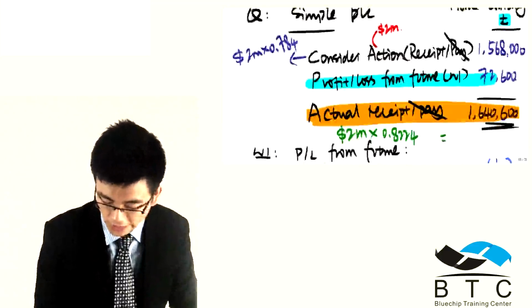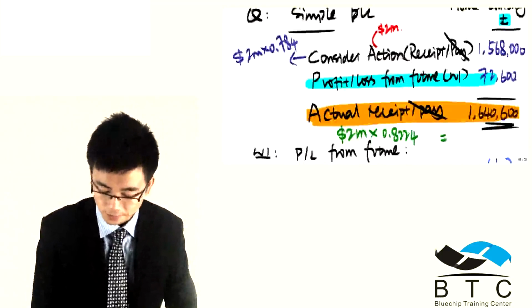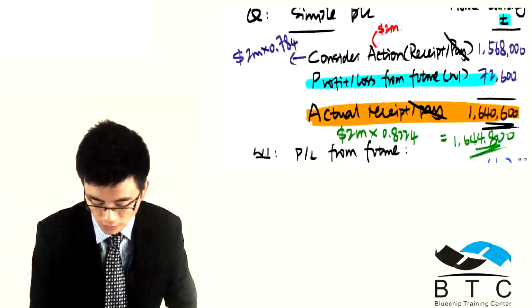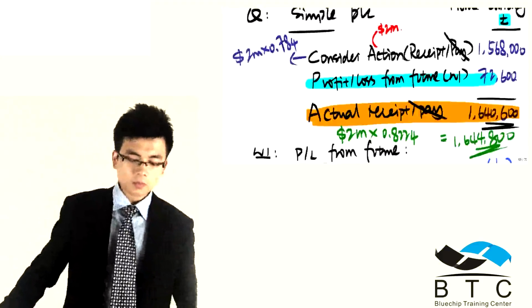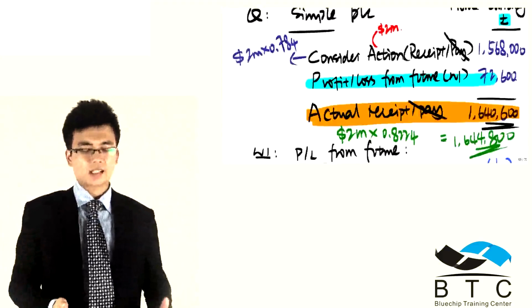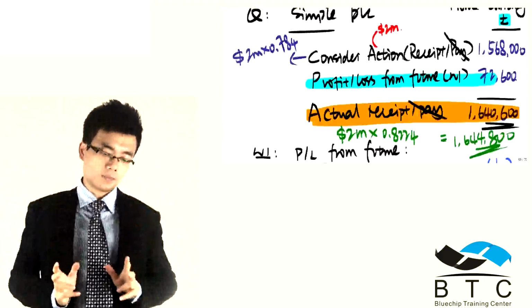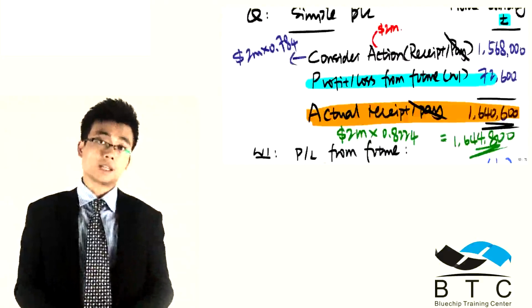If I do that, it gives us a receipt of 1,644,800. So you can see here, if I convert that $2 million in today's terms, I'm going to get the receipt of this figure.